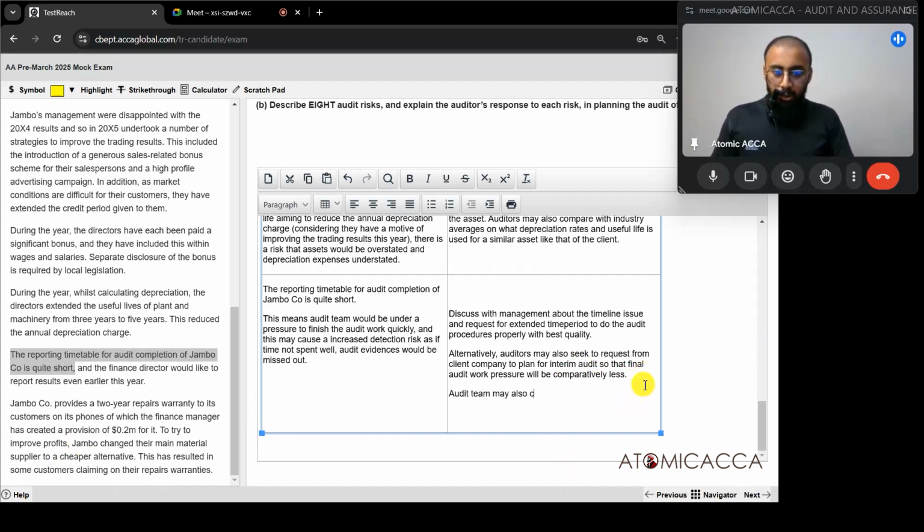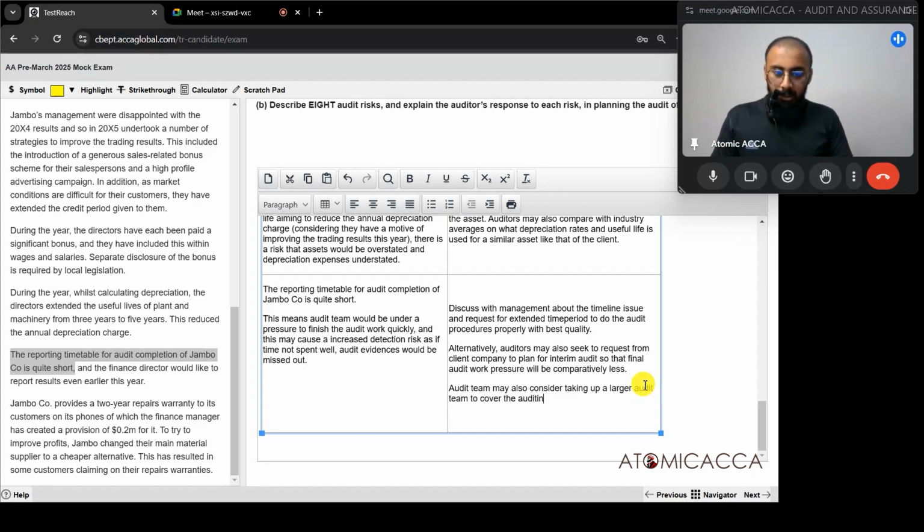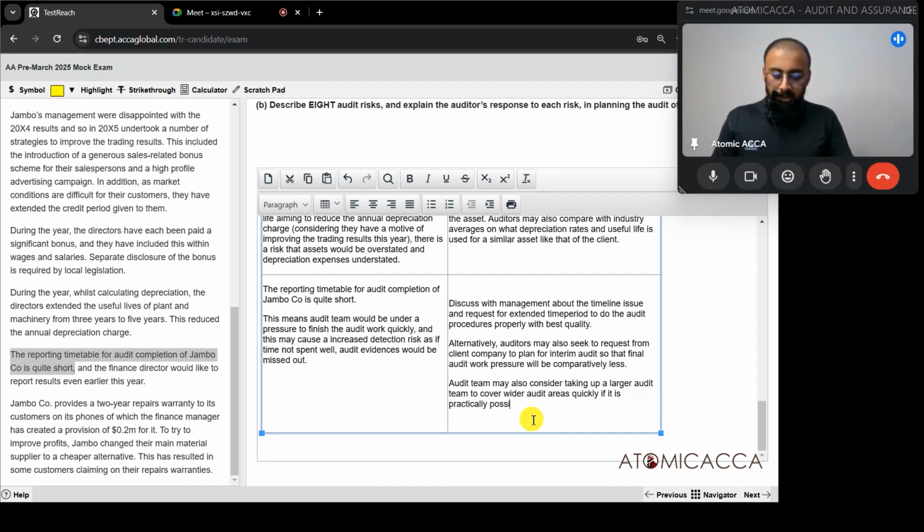The audit team may also consider taking up a larger audit team to cover wider audit areas quickly, if it is practically possible for the audit team to do so, because a small audit firm cannot hire more people, there will be a limitation for that.